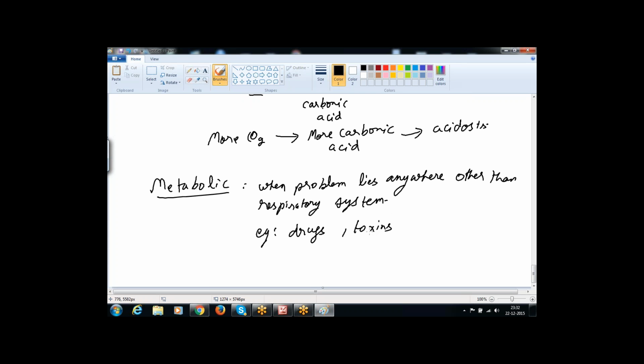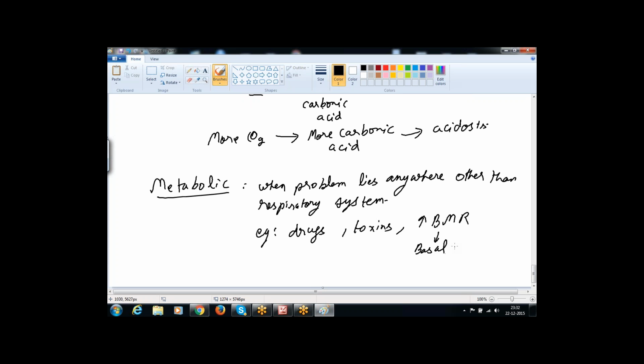The person has consumed some toxins which are causing acidosis, or has taken some drugs or tablets which are causing acidosis. It can be increased BMR. BMR is basal metabolic rate.